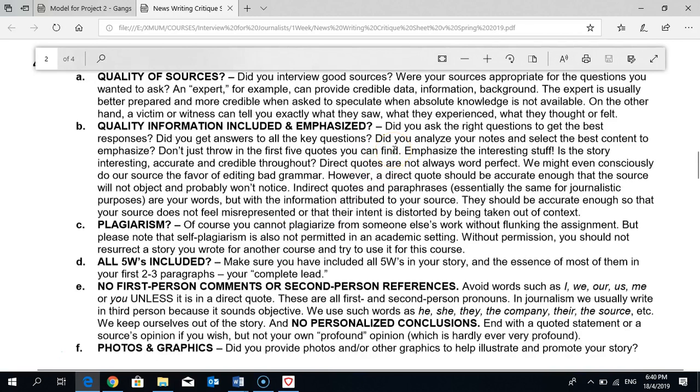Quality information, so certainly the quotes are part of it, the interviews are part of it, but other quality information. One of the things that when you go into an interview, there are some interviews I've gone into and broken stories by going in with no idea what I was going to talk about.